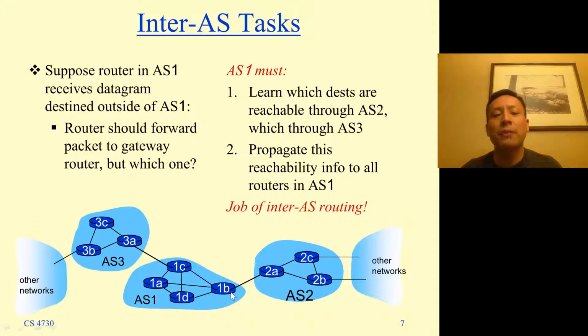That is the job of inter-domain routing: decide which destinations can be reached via AS3 and which via AS2, then propagate this information to everyone inside your domain. Very straightforward.